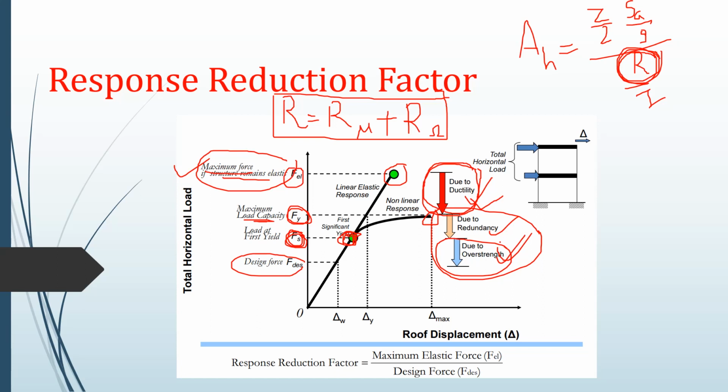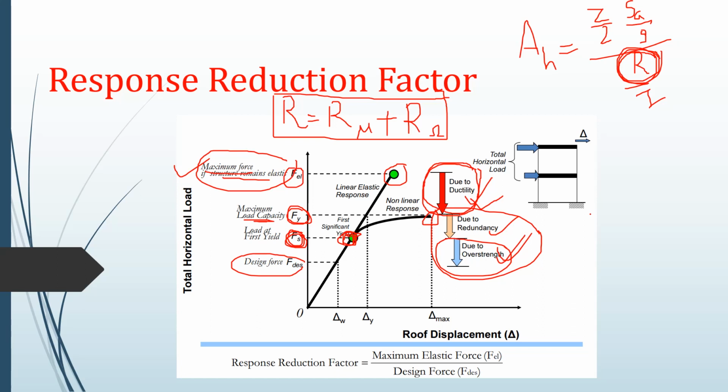Firstly, we use different partial safety factors. We use partial safety factors for seismic loads, for our gravity loads, and also on our materials. The partial safety factor on materials also means that we are designing our structure considering our members to have a lesser strength as compared to their actual strength. So in that case also we have reserve strength in our materials.